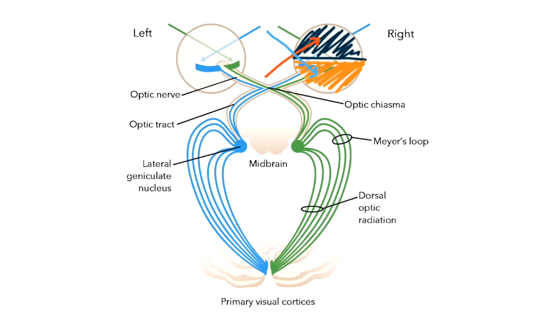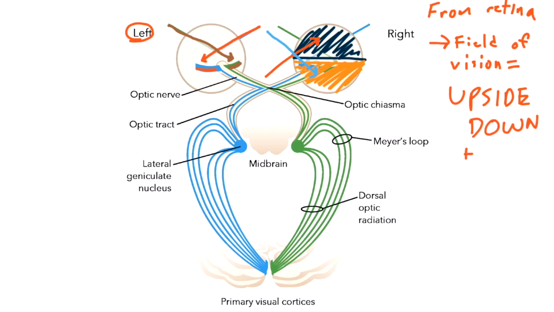Now if we're just going to focus on the left side for a moment, you can see that the temporal hemiretina is actually responsible for the medial half of the field of vision, as you can see with this arrow. Same thing is true for the medial half of the retina, or the nasal hemiretina. That's responsible for the lateral field of vision. In other words, from the perspective of any point on the retina, the field of vision is upside down and backwards. So this will make more sense after we do some examples.